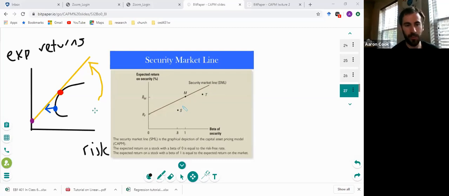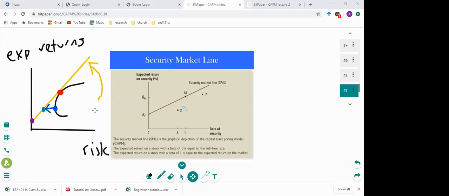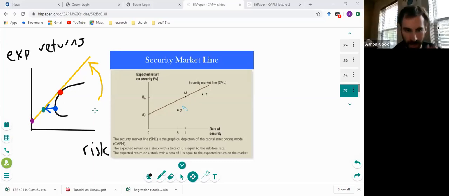And so if we are able to reallocate from the blue dot to some combination of the purple dot and the red dot, we can achieve a portfolio, let's say this teal portfolio, which is a combination of purple and red, which has exactly the same expected returns as blue, but it has lower risk, right?